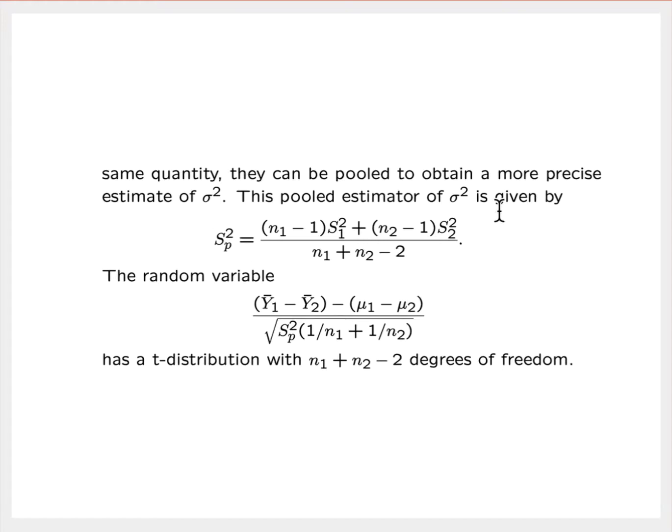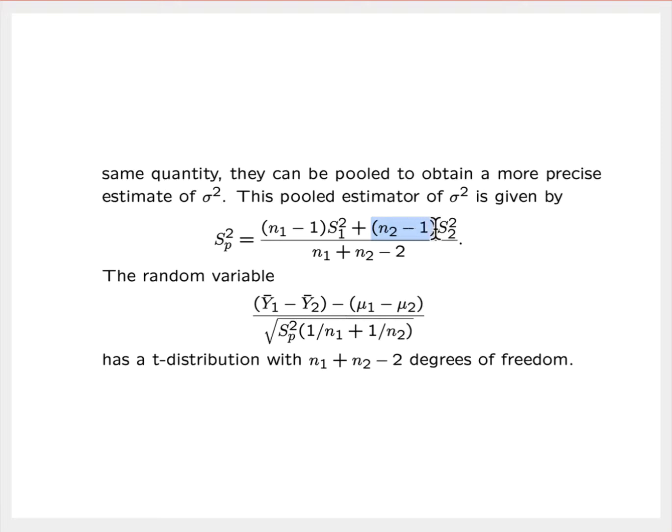You'll note here that both S1 squared and S2 squared are in the numerator of this pooled sample variance. And you'll note that this is in fact a weighted average. You'll remember that a weighted average is a weighted sum divided by the sum of the weights. So you see here that the weight associated with S1 squared is the number of degrees of freedom associated with sample 1.